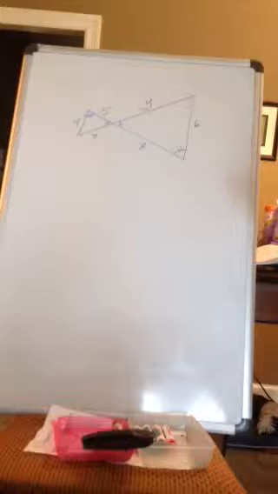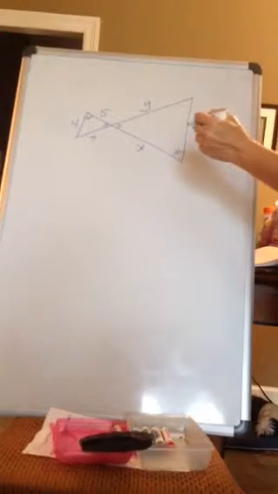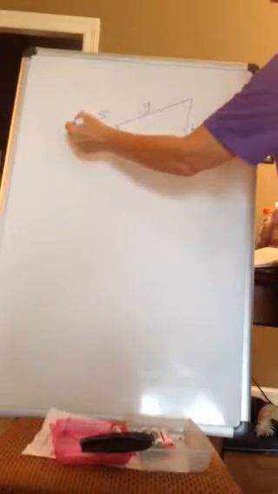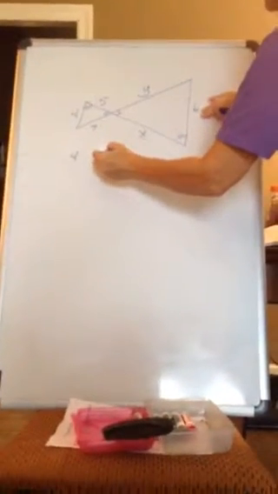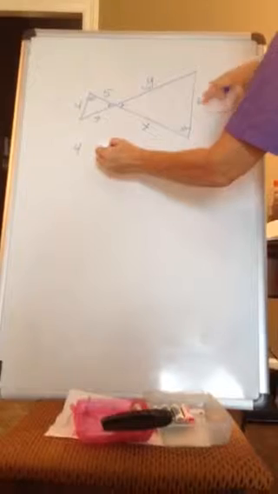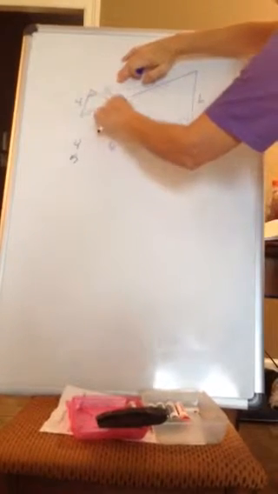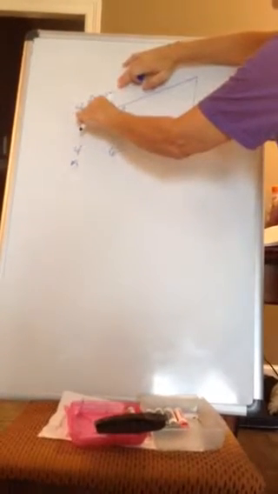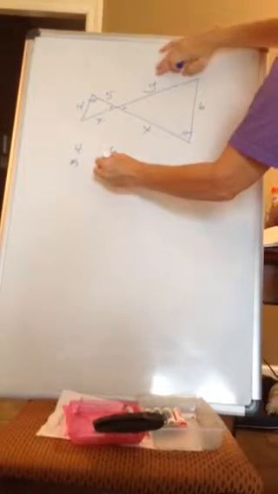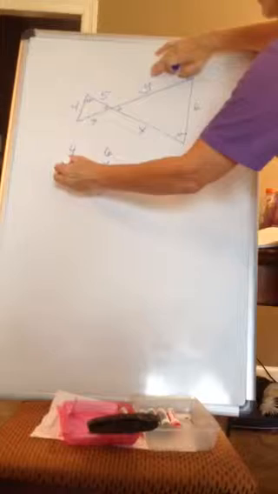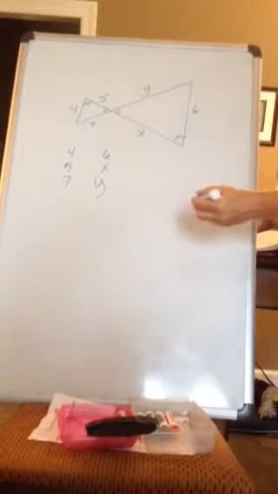So we can say that these angles correspond. 4 corresponds to 6 on this side. 5 is in between the 1 tick mark angle and the 2 tick mark angle. So 5 corresponds to x, and y corresponds to 7.